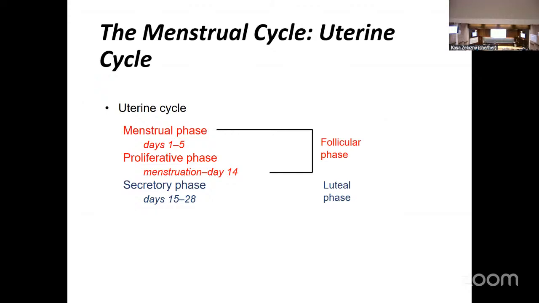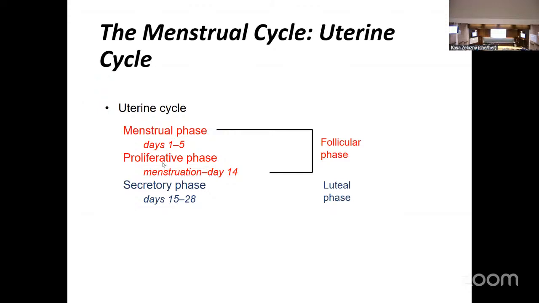Okay. So there's also a uterine cycle. We're still thinking about that 28-day menstrual cycle, but now instead of dividing it in half, like we did in the ovary, we're going to divide it into 3 parts. So in your uterus, you're going to have a menstrual phase, you're going to have a proliferative phase, and you're going to have a secretory phase.